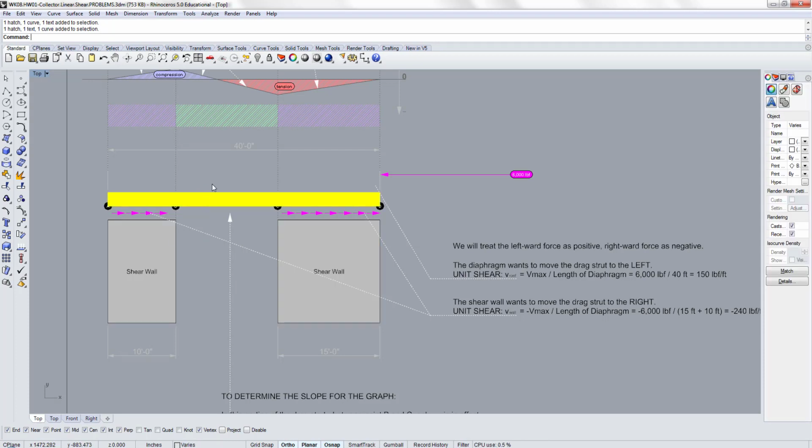Now this guy is caught in between, right? This wants to push it back to the other side, so that's negative towards the right. Wherever it's touching the shear wall, that's what's happening. But if you look at the overall picture, the total force pushing this to the left was 6,000. So whatever is pushing back also needs to total 6,000 in the other direction, right?